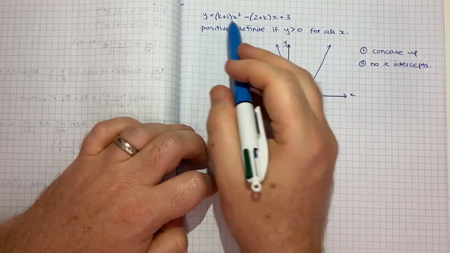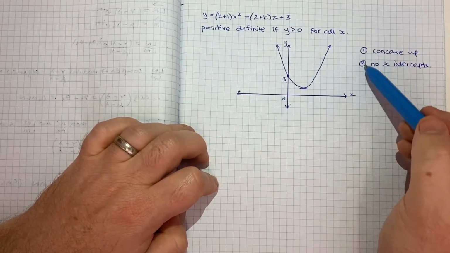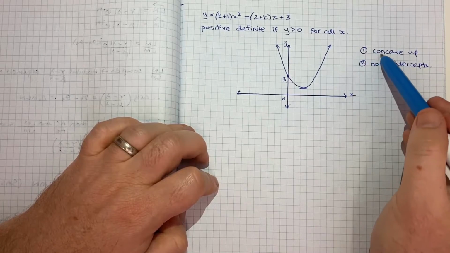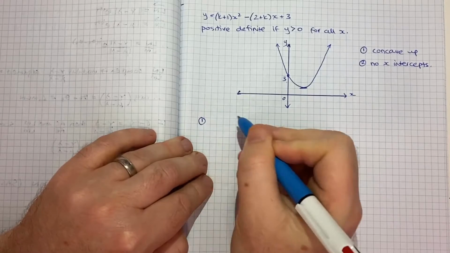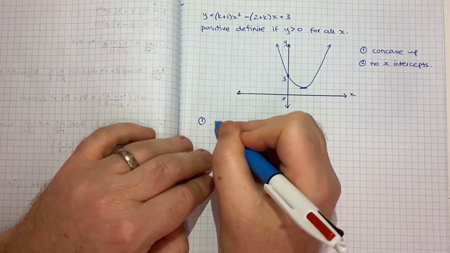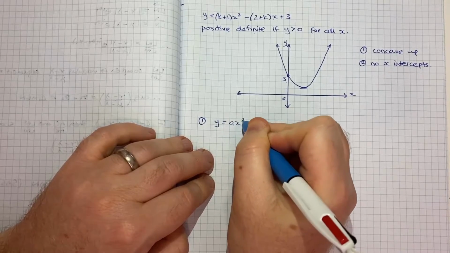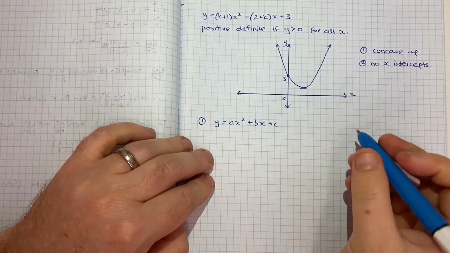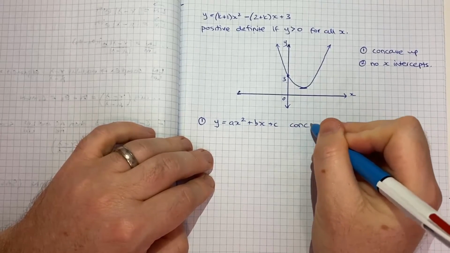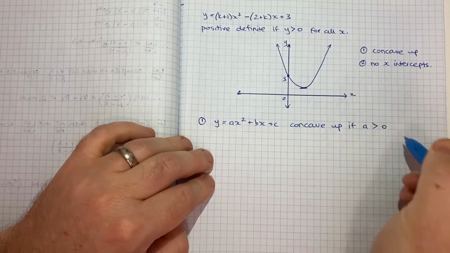So to find the values of k for y to be positive definite, we just need to see what values of k will let us satisfy both of these requirements. Starting with requirement 1, the general form of a parabola is y = ax² + bx + c. It will be concave up if a is positive.